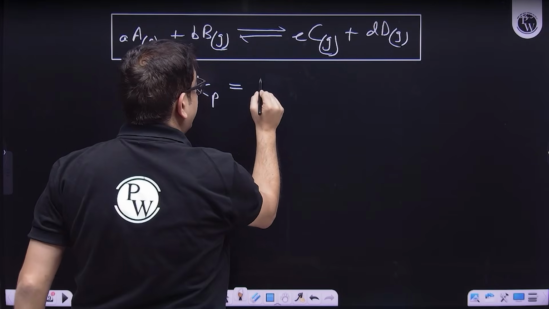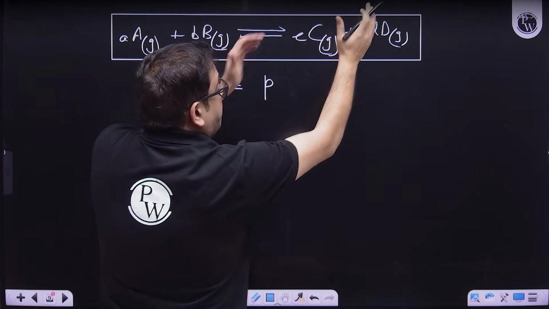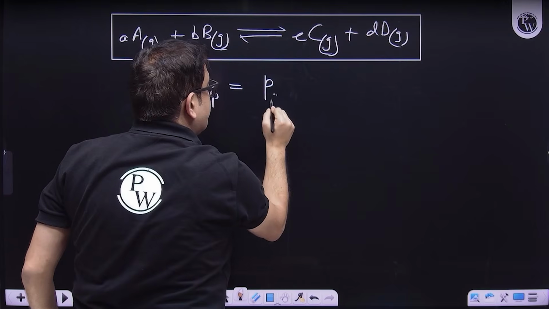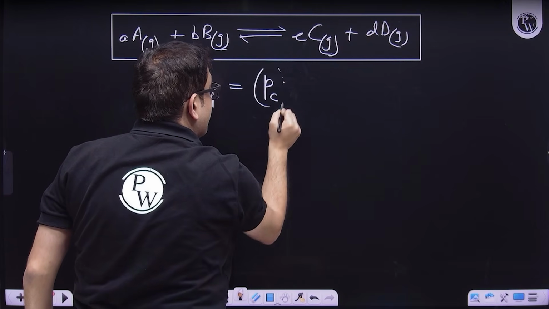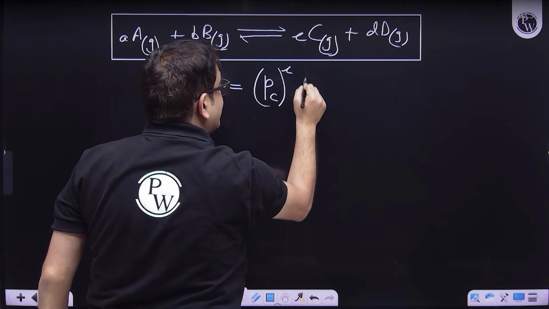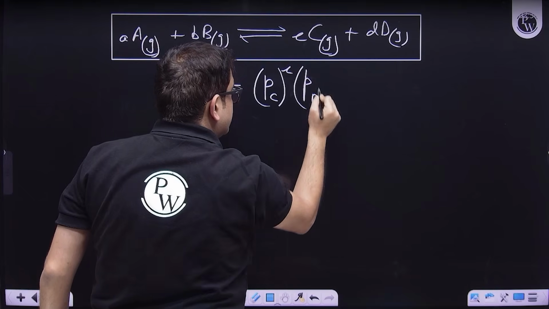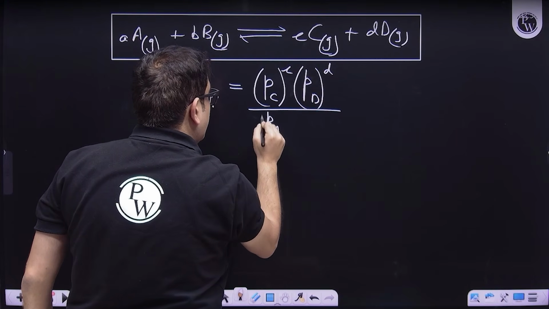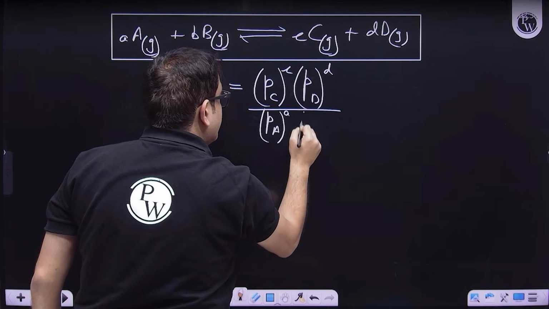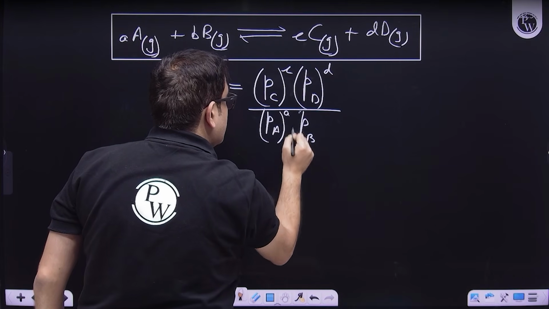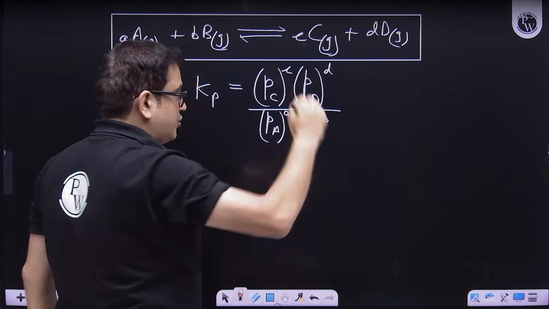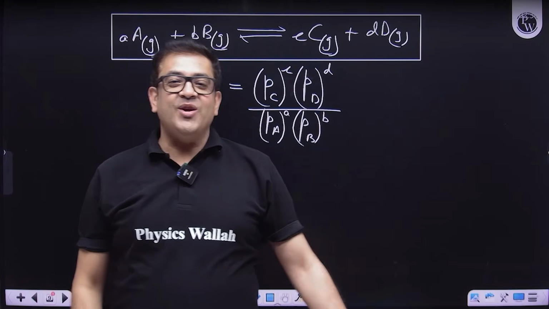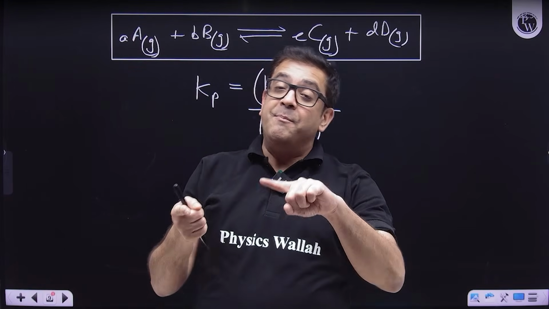So here I'll be writing partial pressures: the partial pressure of C raised to the power of its stoichiometric coefficient, the partial pressure of D raised to the power of its stoichiometric coefficient, upon the partial pressure of A and the partial pressure of B, each raised to the power of its stoichiometric coefficient. So this becomes your equilibrium constant in terms of pressure.